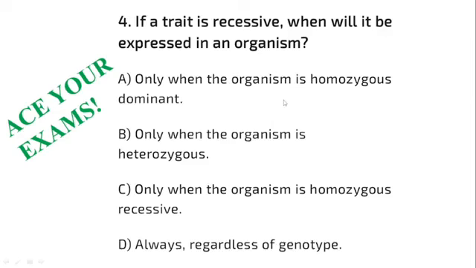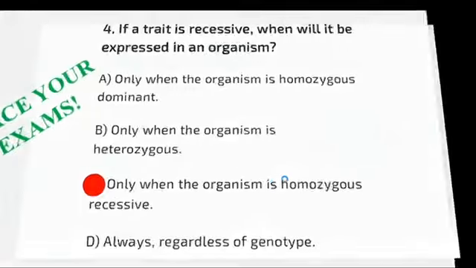Homozygous dominant means it has two alleles that are dominant. Homozygous recessive means it has two alleles that are recessive. So the trait for a recessive will only be expressed when the organism is homozygous recessive. So our correct answer is C. We now move on to our next question.